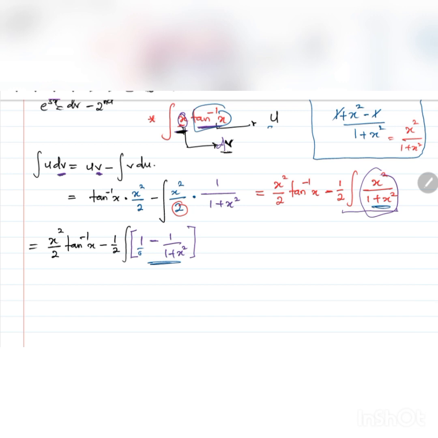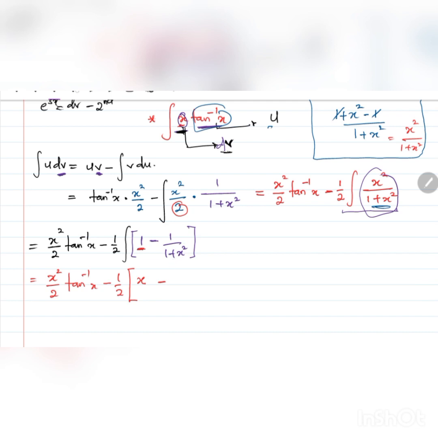Now let's integrate. This is equal to x squared over 2 arctan of x minus 1 over 2, in brackets, the integral of 1, which gives x, minus the integral of 1 over 1 plus x squared.